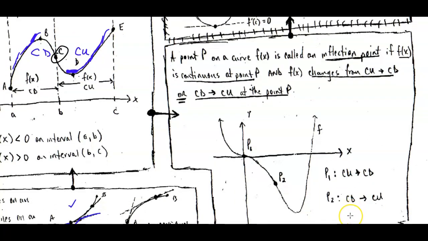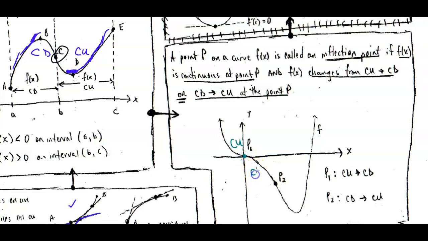And again, we see that a point on the curve of f of x is called an inflection point if f is continuous at some point p. So this is our graph of our function f. We see that it's continuous at these points here, and f of x changes from being concave up to concave down, or vice versa. Here this portion of the graph is concave up.